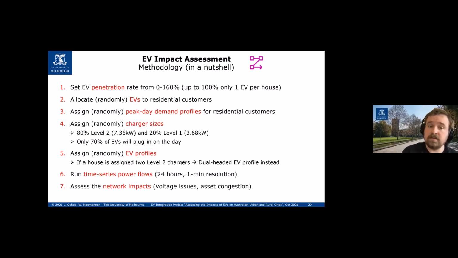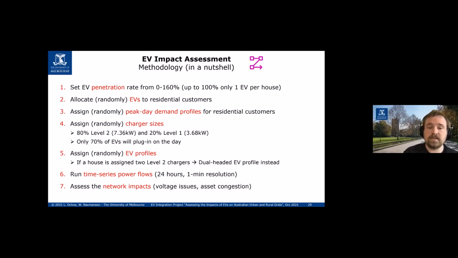We then assign charger sizes when we are assigning those EVs. As we presented earlier, 80% level 2, 20% level 1. But of course, out of that penetration, we know that only 70% are likely to plug in that day. So you can think of that as a slightly lower penetration in reality.